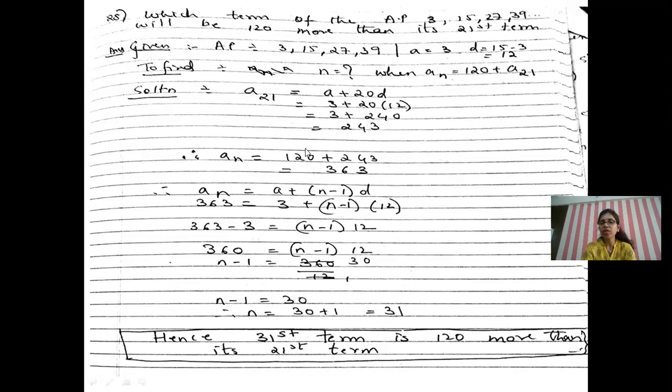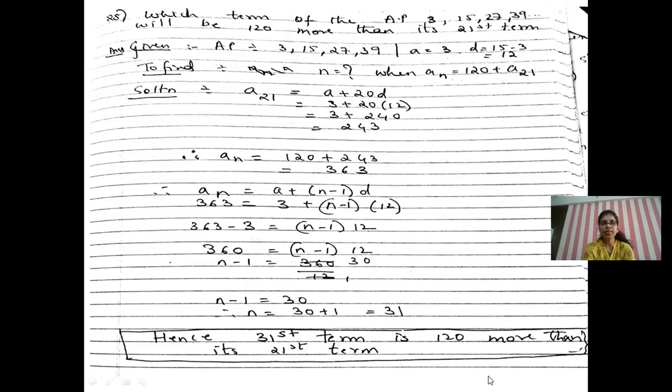After that I added 120 to it, so I got the value as 363. Then, because the nth value we have understood, that is 363, it helps us to know the n value, and that is how we got n as 31. So the 31st term is 120 more than the 21st. That is how we got the answer.